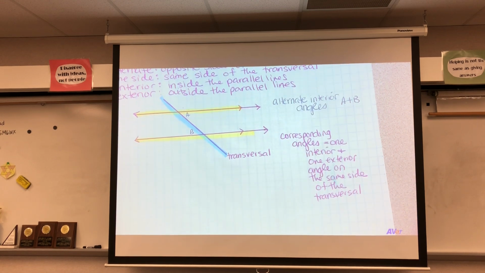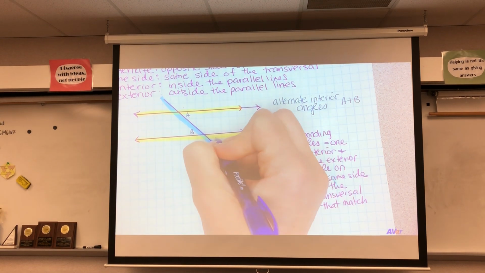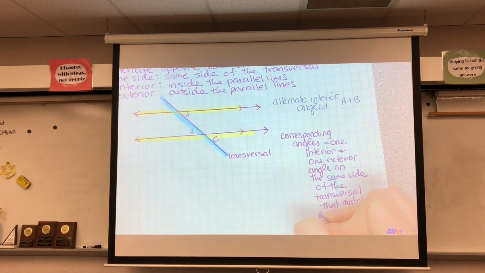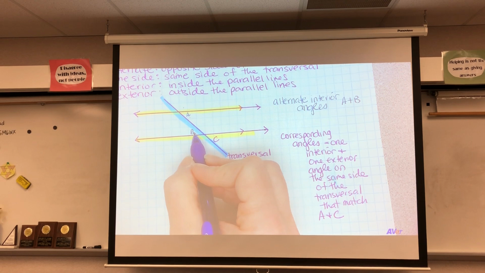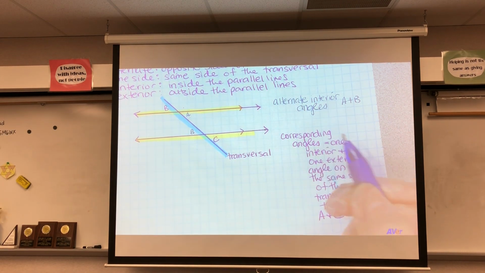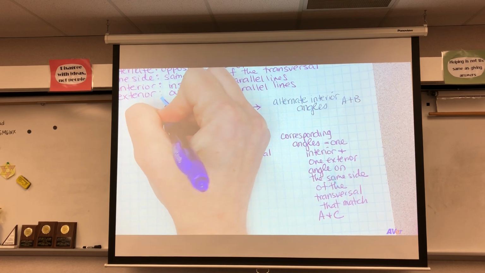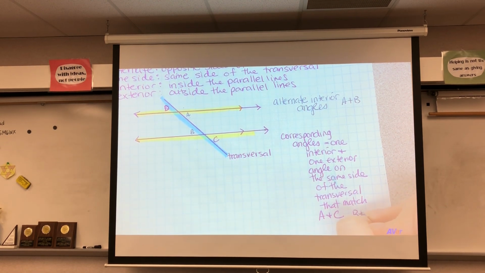Oh, you can't even see my words. That match. Okay, so what do I mean by that? If I was looking for a corresponding angle to A, it would be down here, C. So A and C are corresponding. I could also look at B, the corresponding one, the one that's outside that's the same, is here. Oops, sorry, let's put a D instead of B to not make it confusing. That would be B and D.